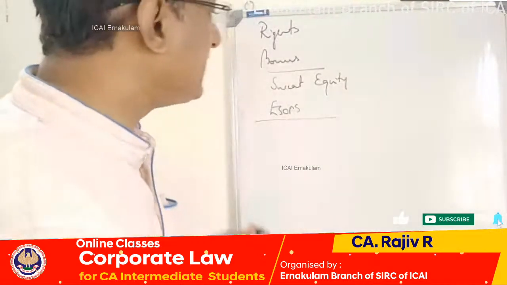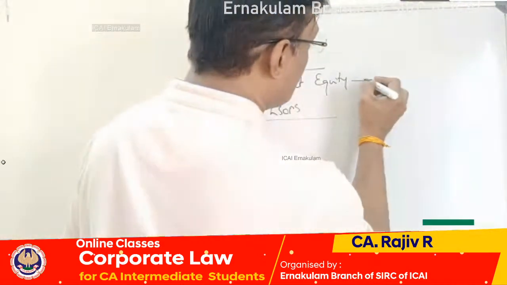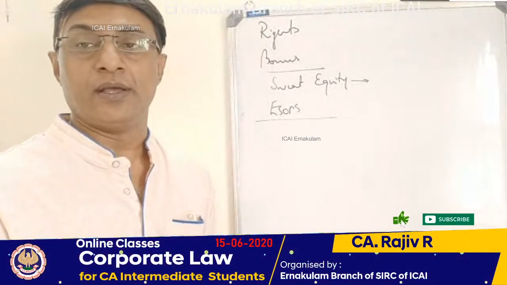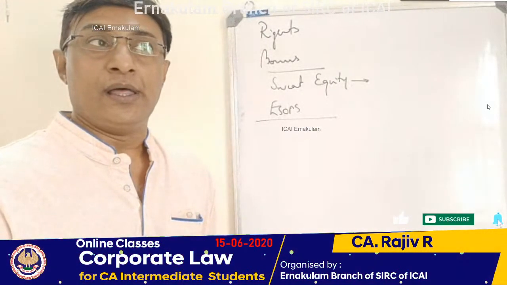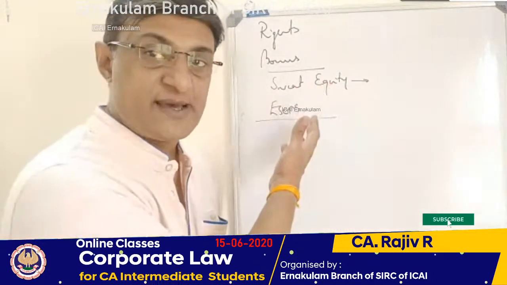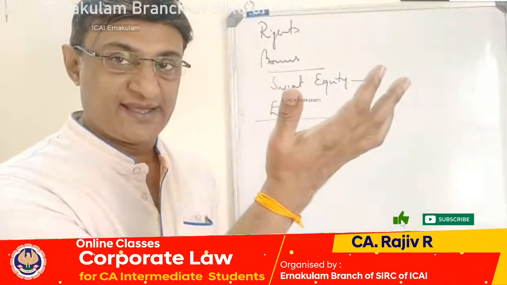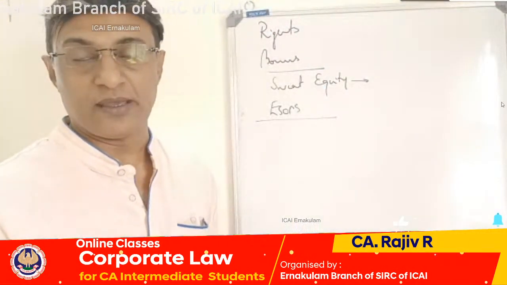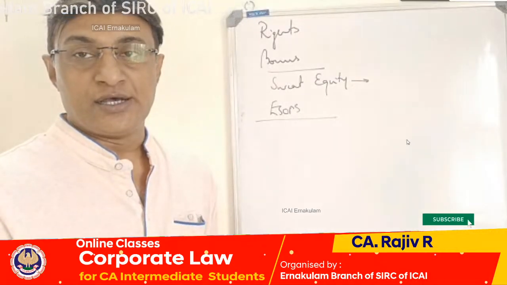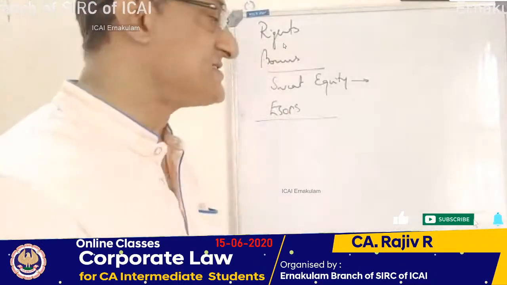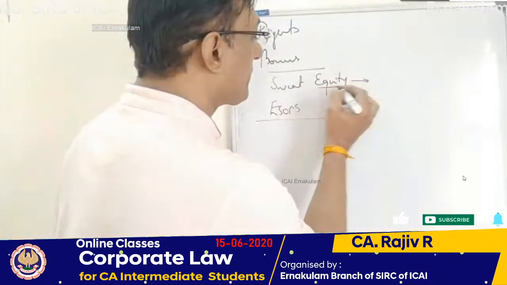Now we move on to the next, which is the sweat equity or issue of sweat equity shares. I have seen printing errors in certain books where they use SWEET. This is sweat equity and not sweet equity. Sweat equity shares is a class of equity shares, as the name indicates.